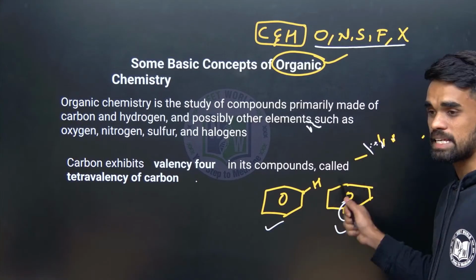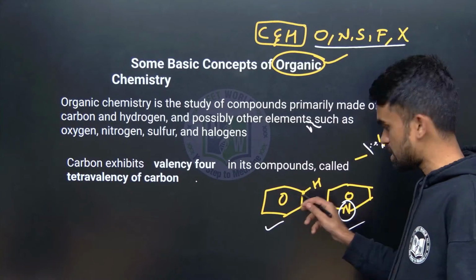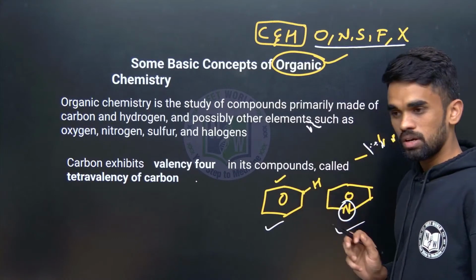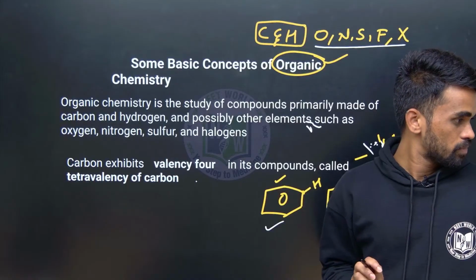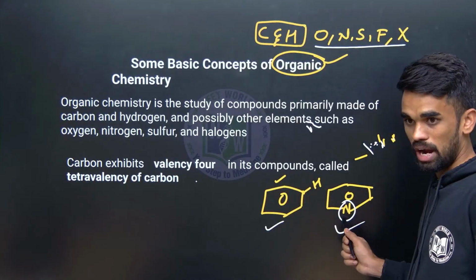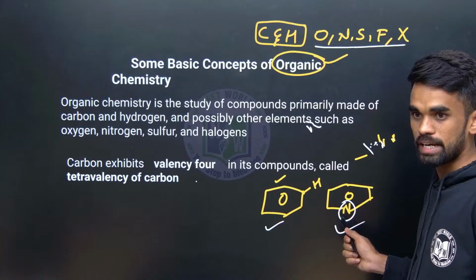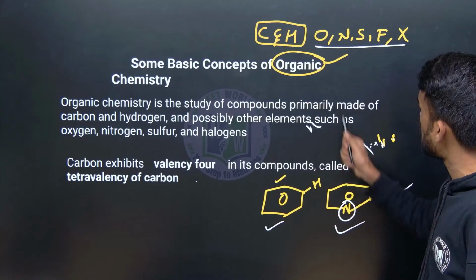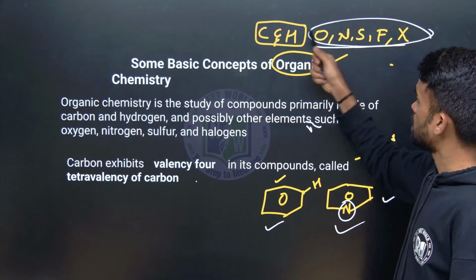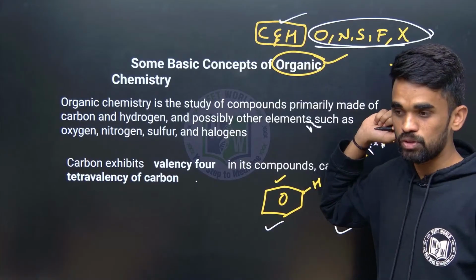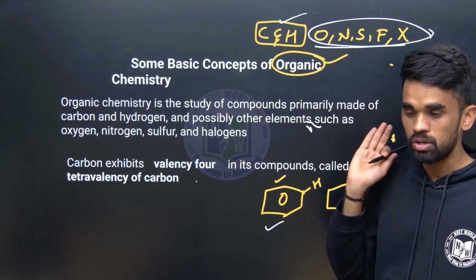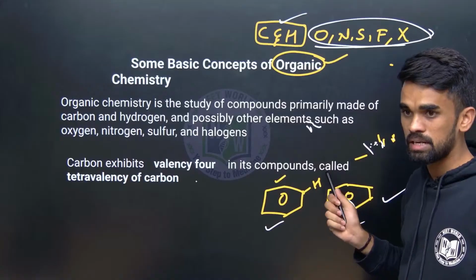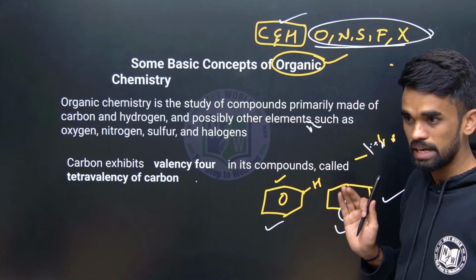Can I call this a heterocyclic compound? Both are cyclic compounds. This one is completely carbon and hydrogen only, while in this we have one hetero atom. So whenever we have atoms other than carbon and hydrogen, we call them hetero compounds, and if it is in cyclic manner, heterocyclic compounds. Is that clear?